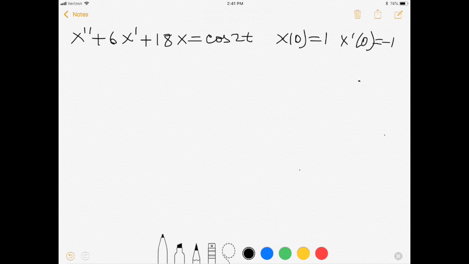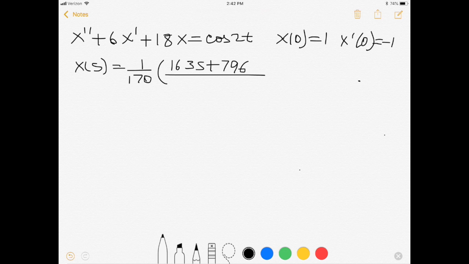We have our function X of s is 1 over 170 times 163 s plus 796 over s squared plus 6s plus 18.